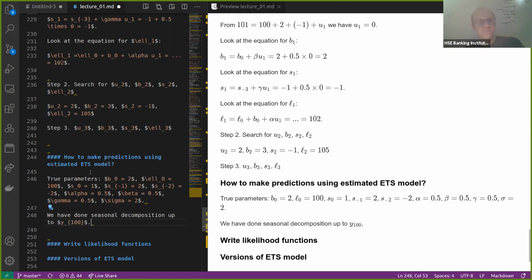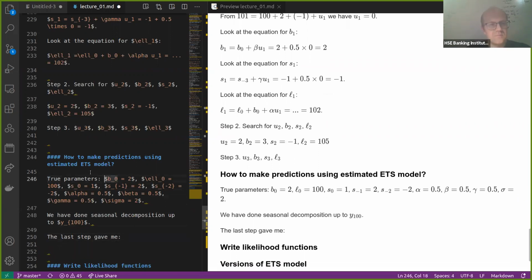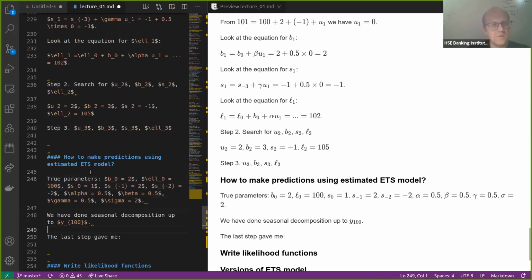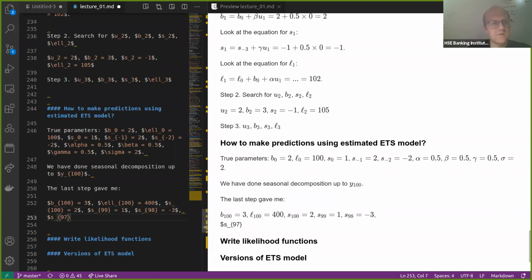I'm too lazy to type 100 iterations, so let's imagine that the last step gave us: B100 is 3, L100 is 400, S100 is 2, S99 is 1, S98 is -3, and S97 is -2.